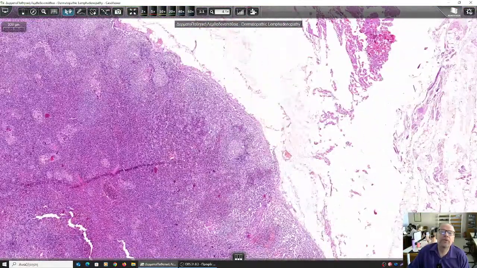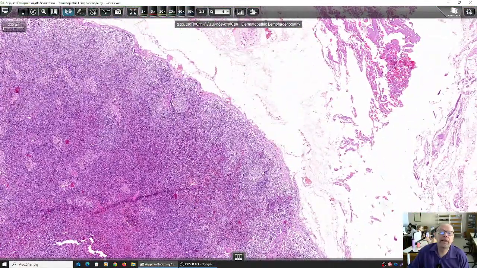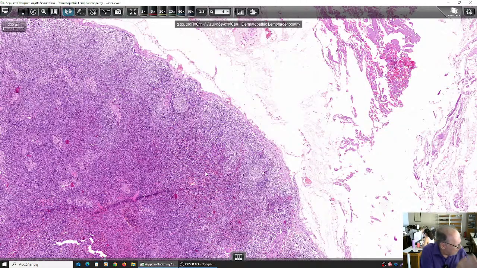In this part of the node, we see the lymph follicles, this one, and other lymphoid follicles, and we see that this area, the parafollicular area, the T zone of the lymph node, is somehow expanded. It is not a main distortion of the lymph node architecture, because we can understand where the B zone is and where the T zone is.